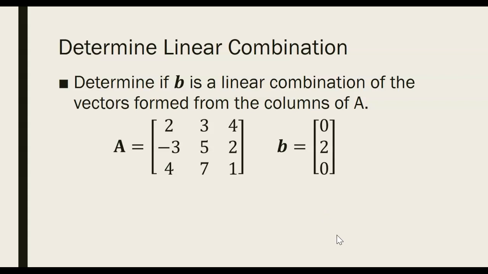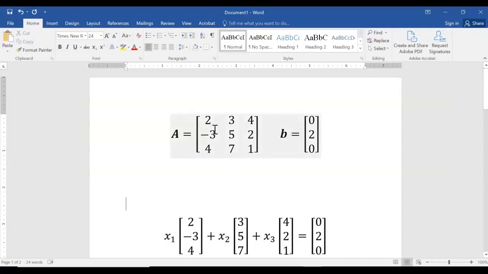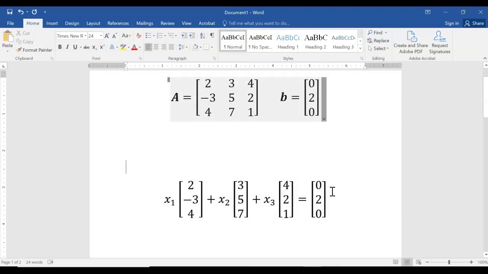I want to figure out if this B can be written as a linear combination of these columns from A. That's equivalent to saying, can I solve this vector equation? x1 times the first vector plus x2 times the second vector plus x3 times the third vector is equal to B.